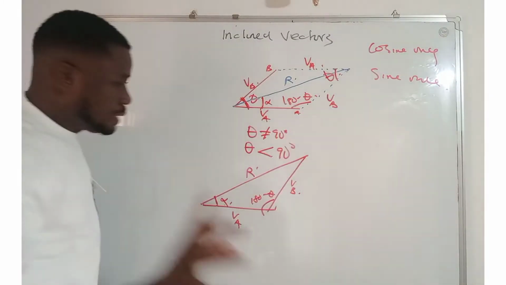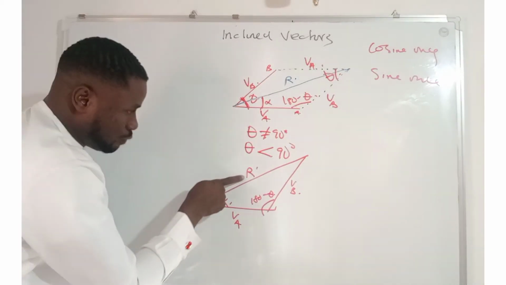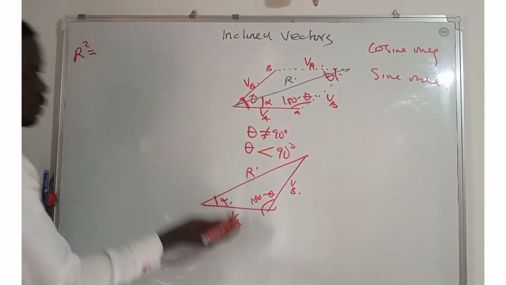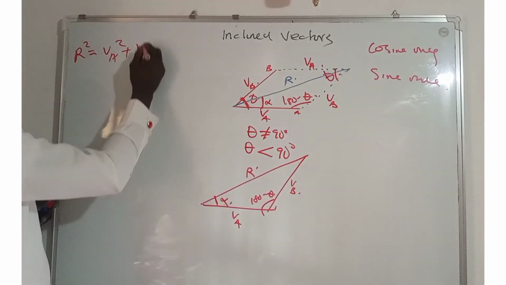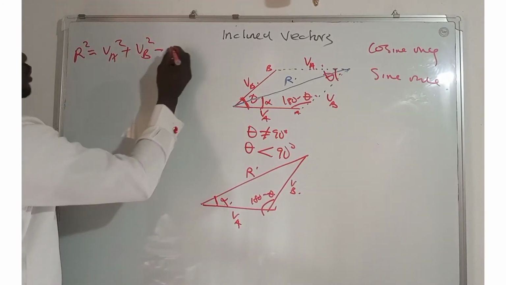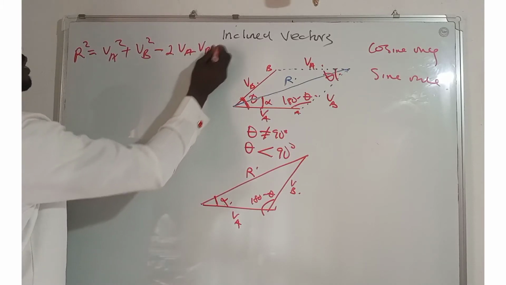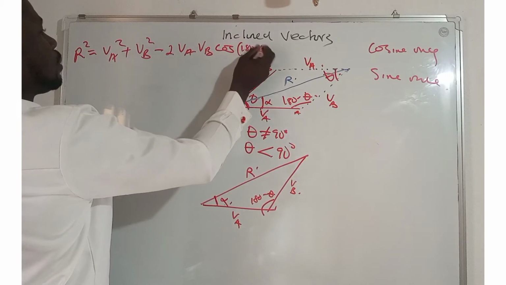I want to apply the cosine rule to find R. That would be R square equal to the square of this, VA square, plus the square of this, VB square, minus 2 times VA VB cos this angle, which of course is cos 180 minus theta.